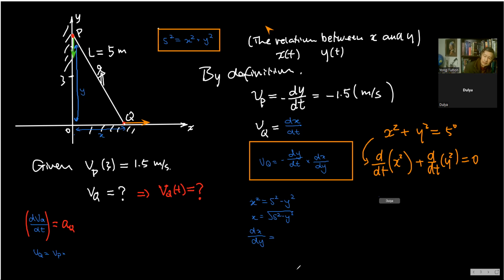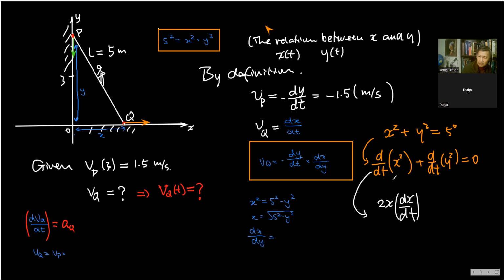You can work out dx square dt directly. Bear in mind, x is a function of time. Both of them are explicit functions of time. You got 2x and then dx dt.